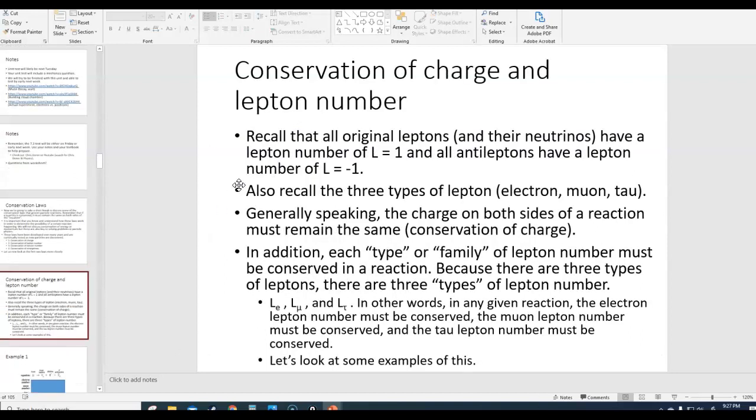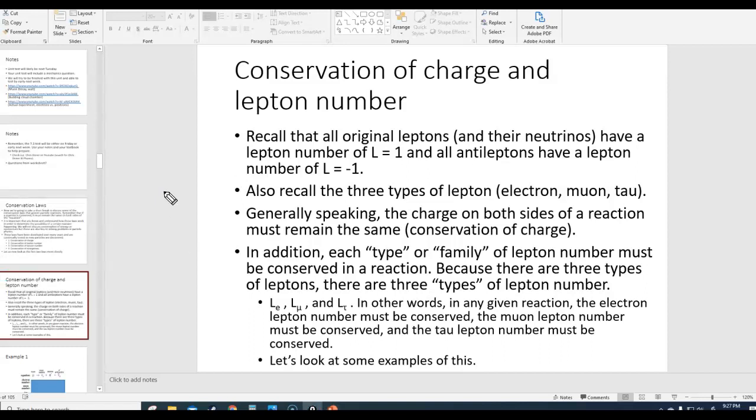Remember that all 6 of the original leptons have a lepton number of +1, and all antileptons have a lepton number of -1. Now there are 3 families of leptons: the electron family, the muon family, and the tau family.